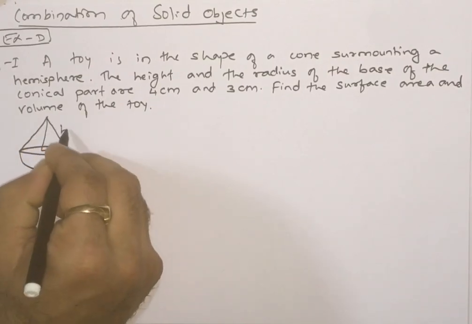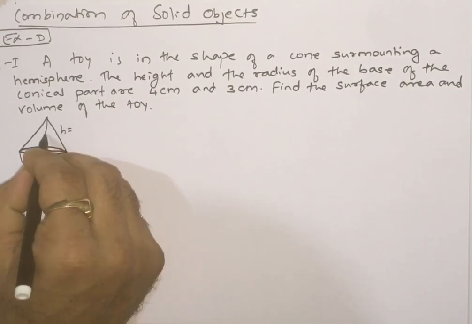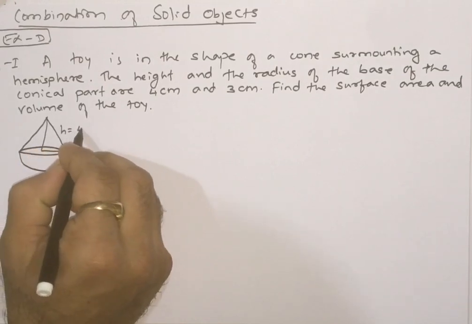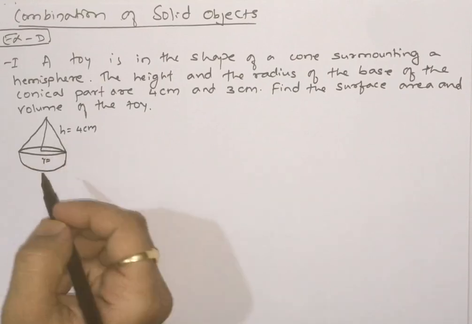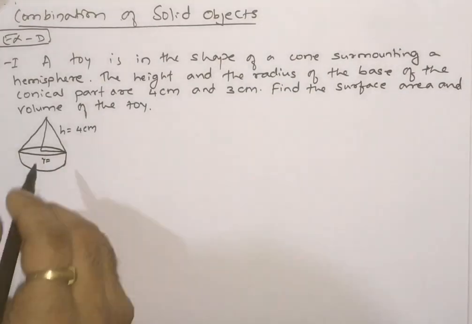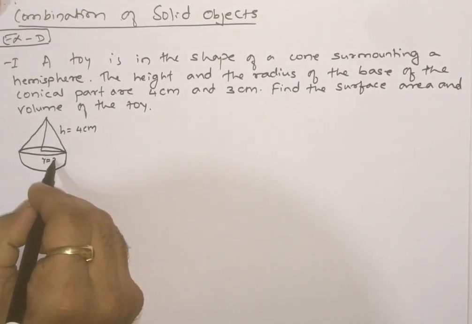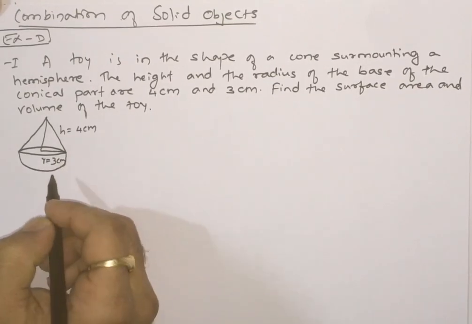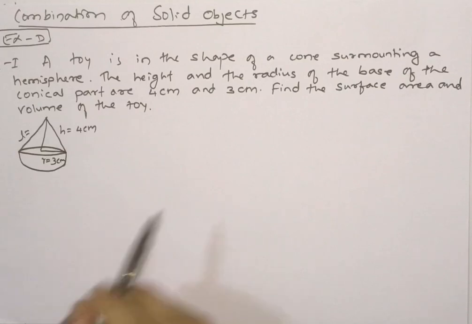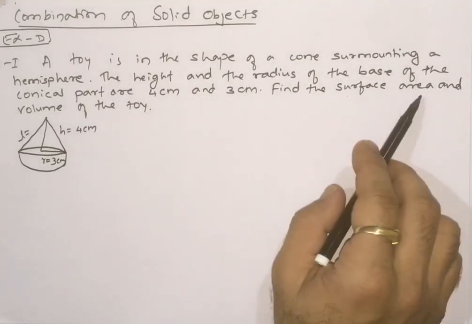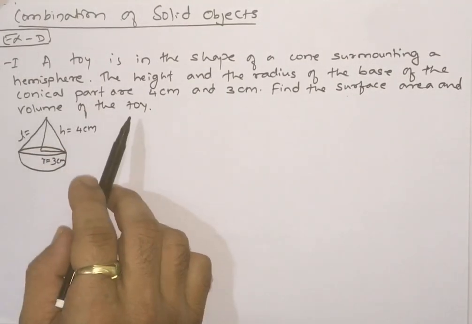The height of the conical part is 4 centimeter, the perpendicular height, and the radius of the base of both cone as well as hemisphere is 3 centimeter, and we don't know the slant height. We must find the surface area and volume of the toy.